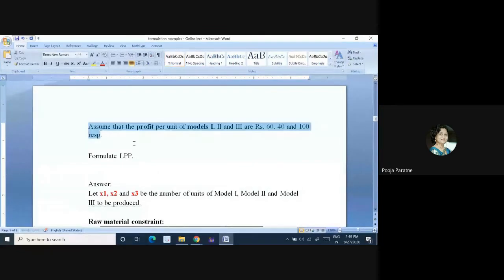So that's why you read the example till the end. Do not form your opinion, or think that okay, it should be like this. No, you go line by line to the end of the example and read it properly, so that we can identify the variables. So here we have identified the variables.